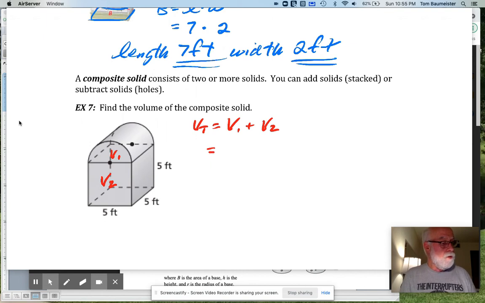So the volume of the first one, again, that would be a semicircle. So that means I would take half of the area of the circle. Remember, the area of the circle is pi r squared, times h. Well, that's our B, right? And then I would have pi r squared.